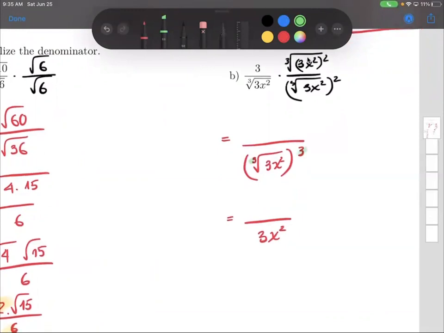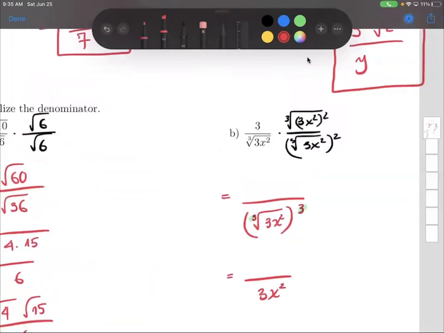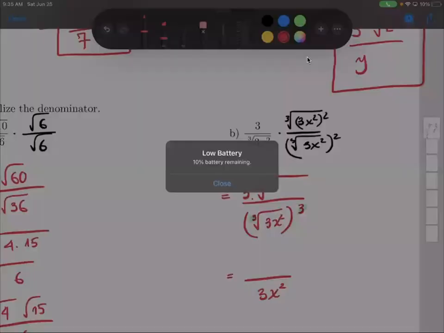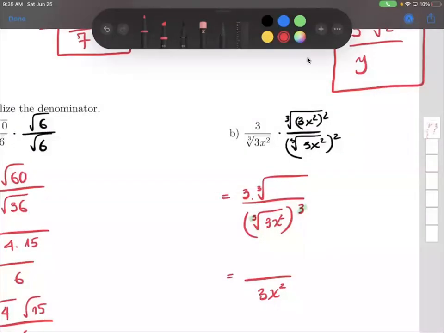Now the top, let me expand a little bit. The top, the 3 outside, I also keep it like that. So 3 times cube root of 3x squared is, oh, by the way, if I don't write this down, this right here is the same thing as cube root of 3x squared, all of that squared, okay?